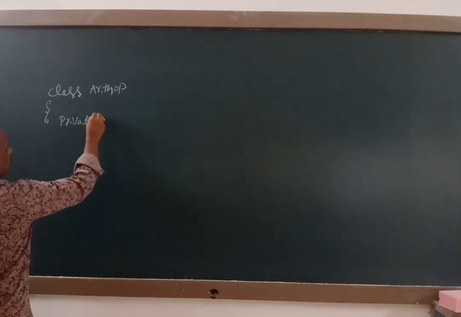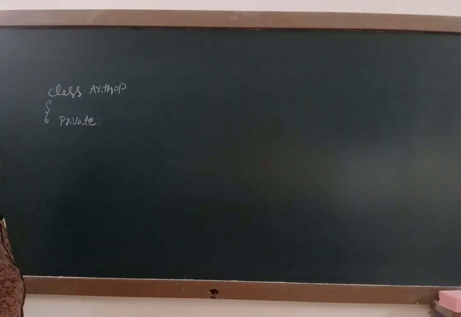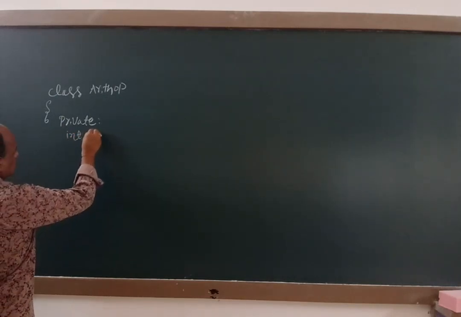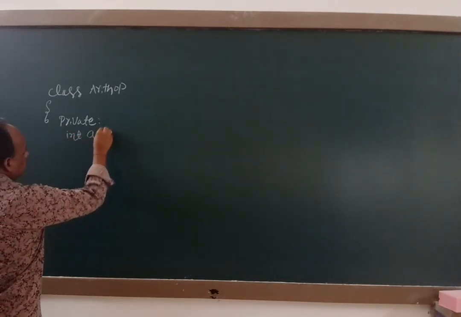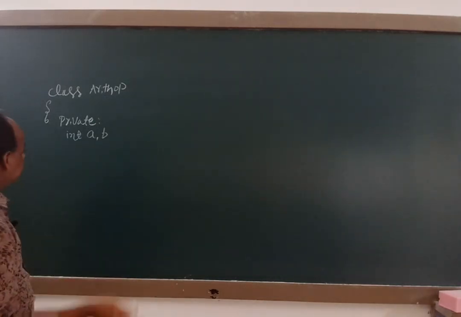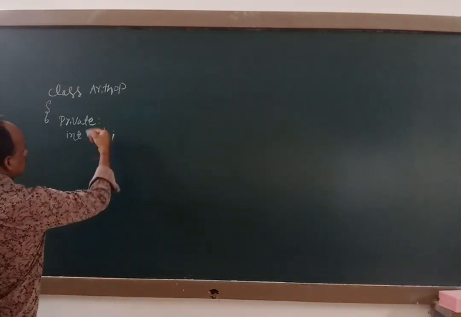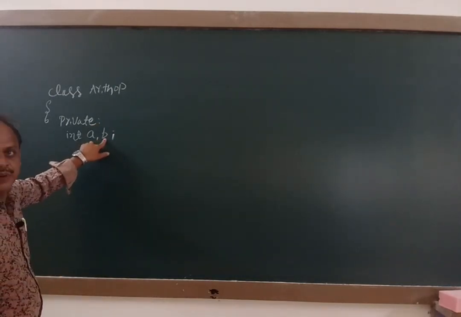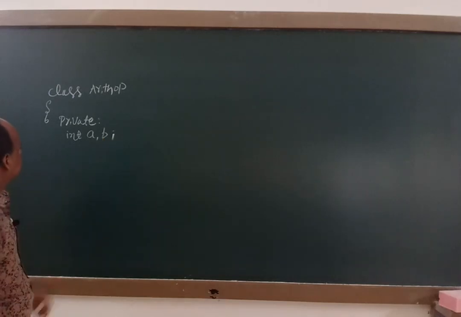Private. What we need here, data members, we need two numbers, right? Int a comma b, or you can take number 1 comma number 2. Instead of number 1 and number 2, I am taking variables a and b.